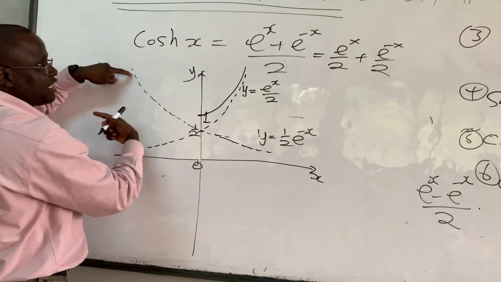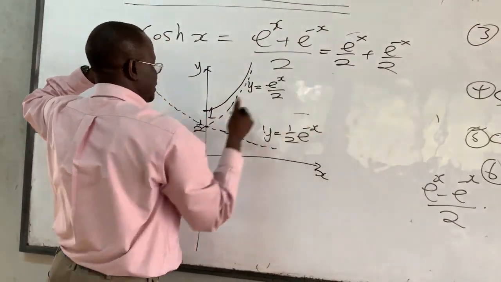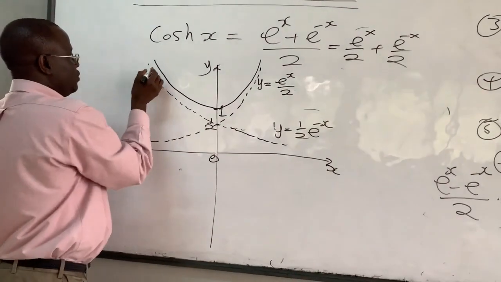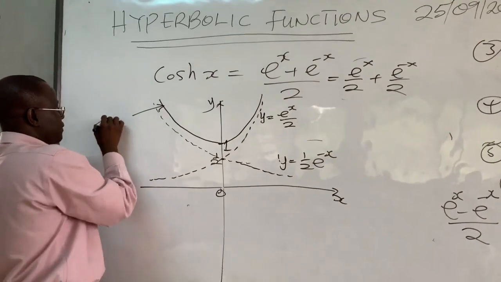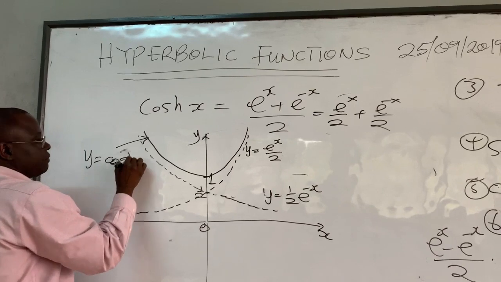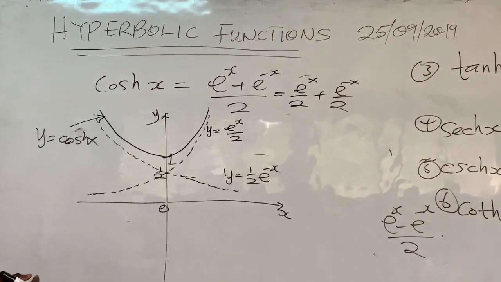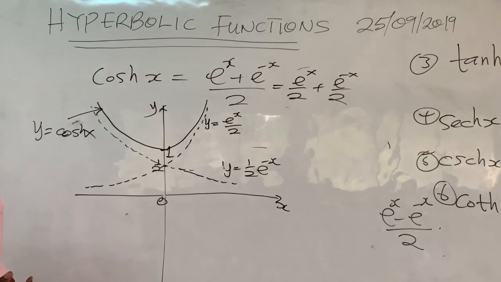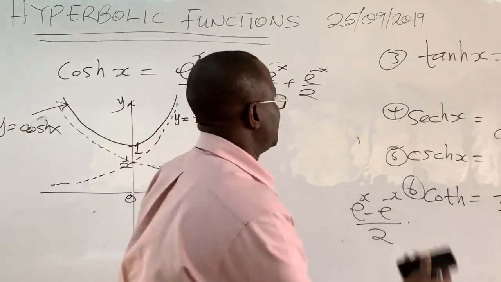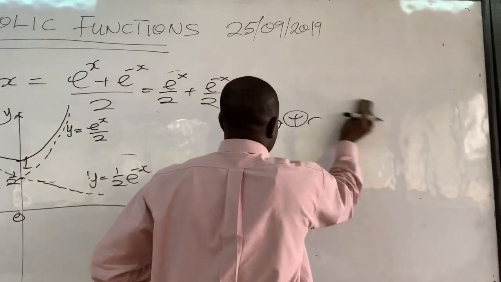As x goes to negative infinity, this one goes to 0, and so this other one is dominant. And that gives you the graph of the hyperbolic cosine function. So that gives us a sketch of cosh x. You can do a similar thing for the graph of the hyperbolic sine function. So here we can also sketch it.